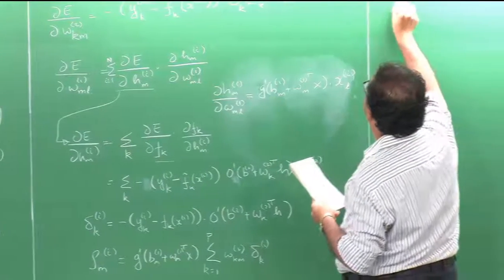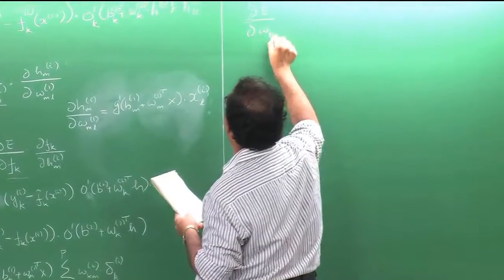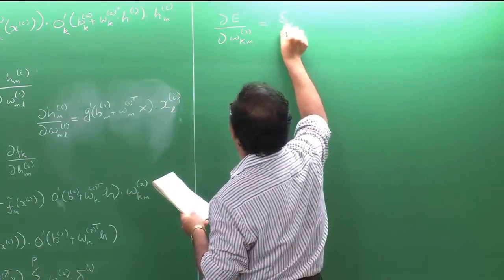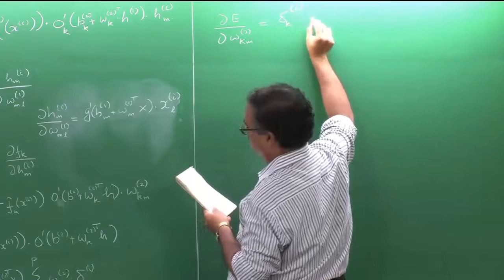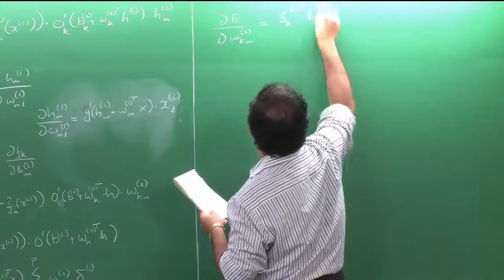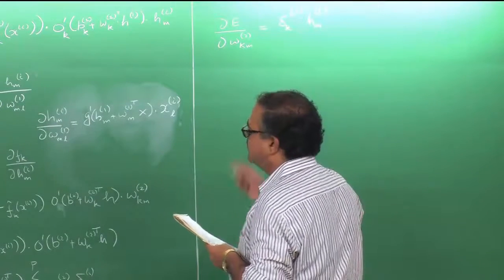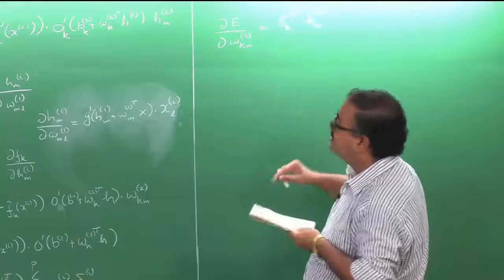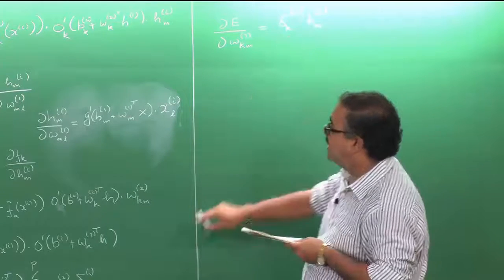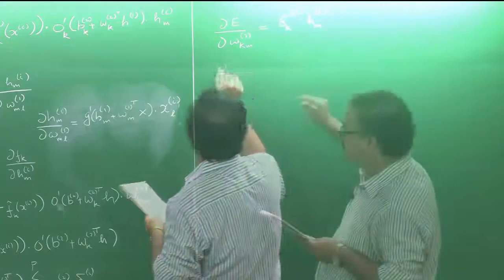Essentially, we can say that the derivative of the error with respect to the output layer weights, the W2 weights, is essentially delta_k(i) times h_m(i).